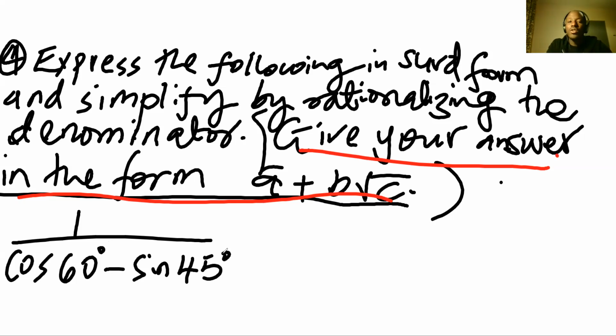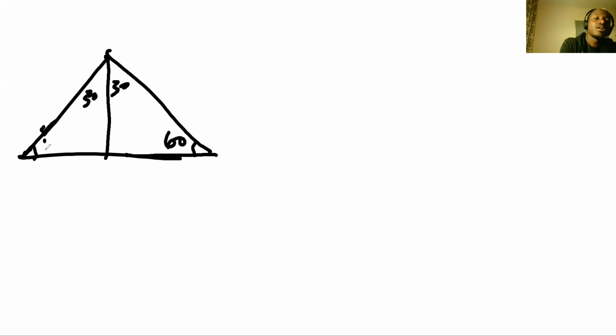Let's go ahead. So we said there are 2 important triangles that we have mentioned in the previous question that you need to remember. So this angle is 30, this angle is 30, this angle is 60. So this is an equilateral triangle. Here is 90. So this is 1, this is 1, this is 2, this is 2.